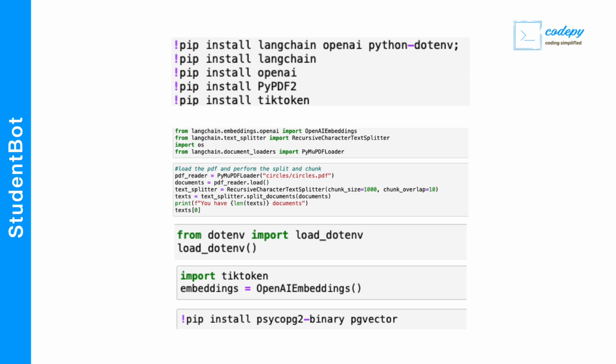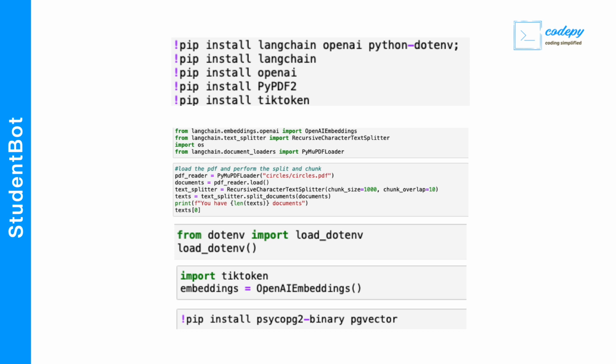We just try to print, let's say, the length of the text and documents. That means that many documents have internally been created after splitting the documents. I hope this makes sense. Next, we import tiktoken, which is very important to restrict the number of tokens it is using for each embedding.